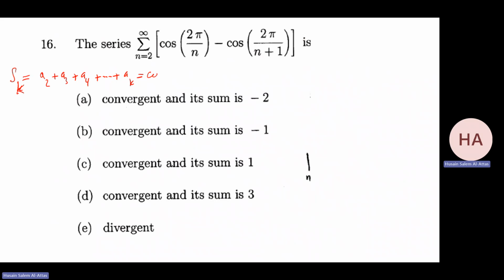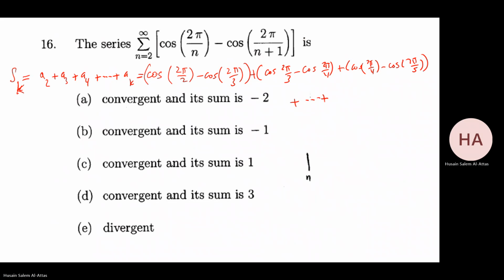Until I reach k, that gives me cosine of 2 pi over 2 minus cosine 2 pi over 3 plus cosine 2 pi over 3, no need to find it, minus cosine 2 pi over 4 plus cosine 2 pi over 4 minus cosine 2 pi over 5 plus, yeah, cosine 2 pi over n minus cosine 2 pi over n plus 1. Yeah, k. I'm talking about k.